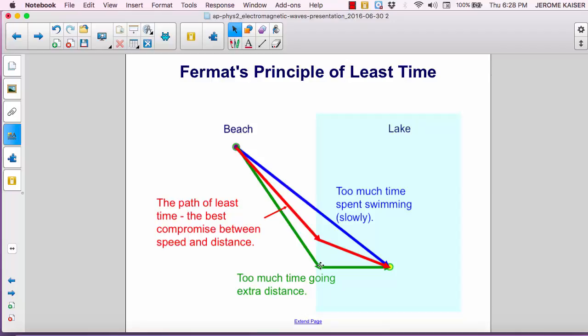It turns out that there's a path in between, an optimum path, this red path. And Fermat's principle of least time helps us find that path. So the path of least time is going to be the best compromise between speed and distance.